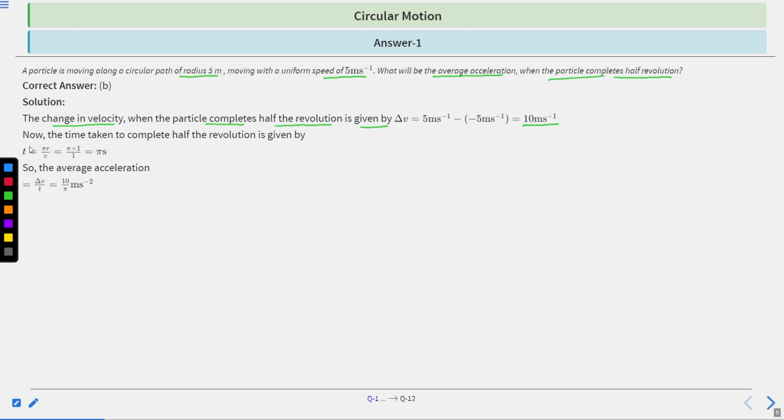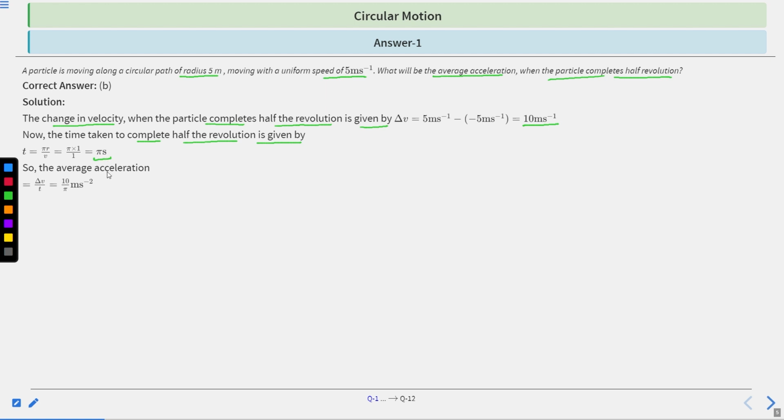Now the time taken to complete half the revolution is given by t equal to pi r divided by v, where r is the radius. Solving this, you will get t equal to pi seconds.